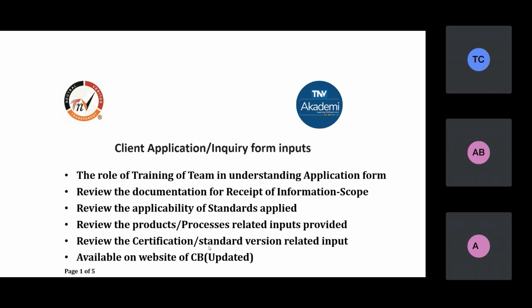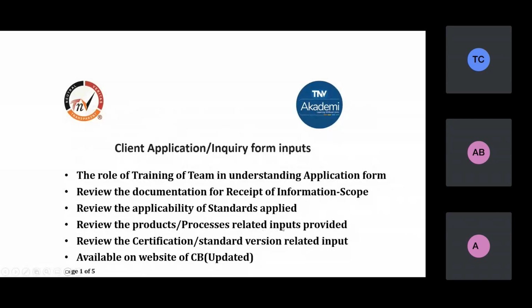Or in the case of a standard where design is not totally applicable or not applicable, or a service activity which is applicable or not applicable. So at this stage of receipt of the application form and review activity, it is important that we are able to decide on the applicability of the standard applied.